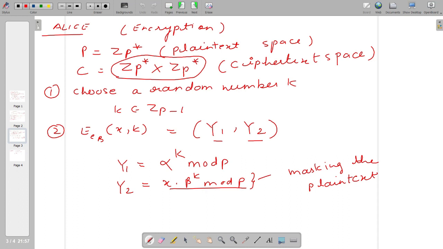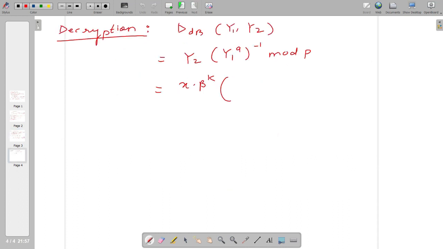So we can write it like this: y1 is equal to alpha to the power k mod P, then y1 to the power A is equal to alpha to the power ka mod P. And what is alpha to the power ka? This is beta to the power k mod P. How do we know?